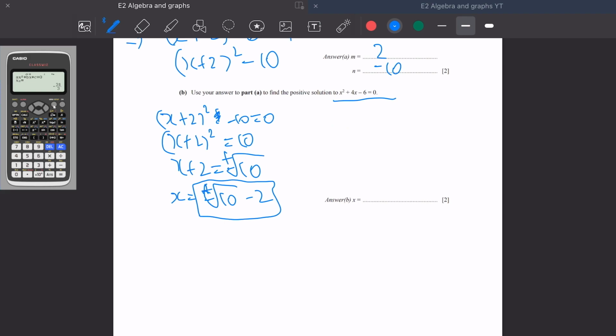If you do root 10 minus 2, you get a positive value. If you do minus root 10 minus 2, you get a negative value. So it uses the positive root. So root 10 minus 2, you get 1.16222 something. And we always have to give 3 significant figures in IGCSE. So it's 1.16.